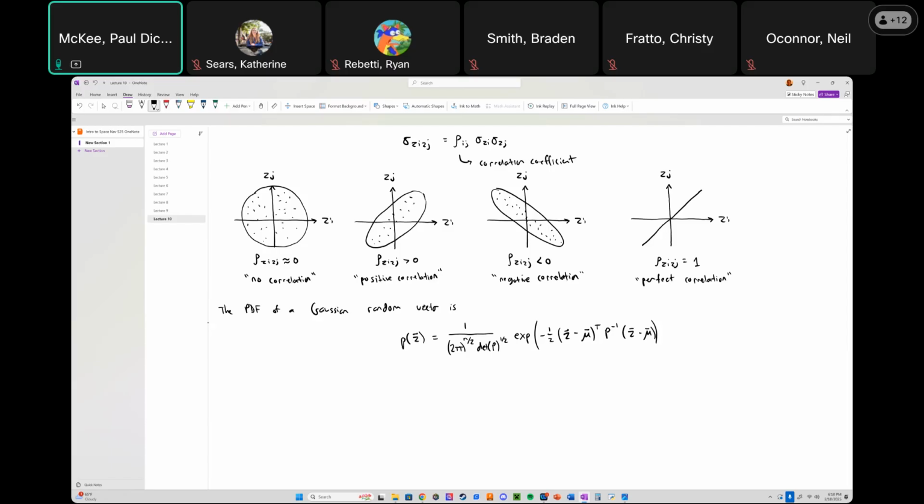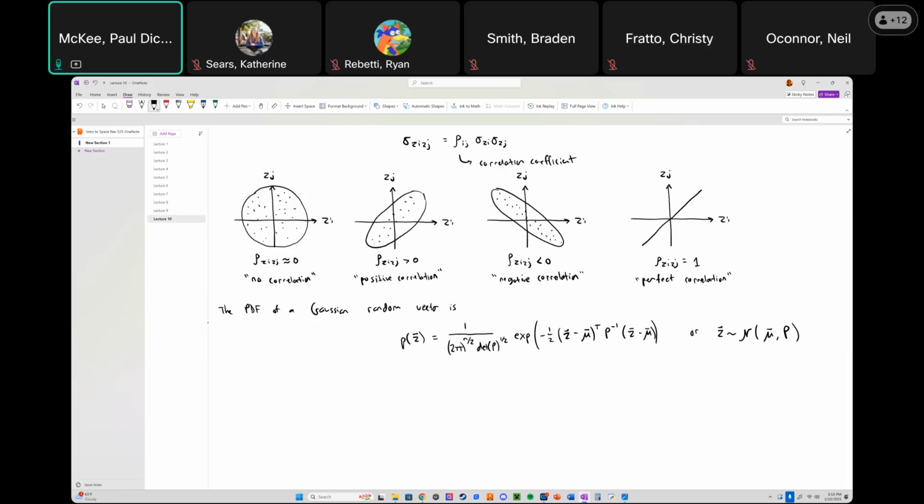Or in shorthand, we would just say that the vector z is distributed as a normal distribution having a mean of the vector mu and a covariance of the matrix P.